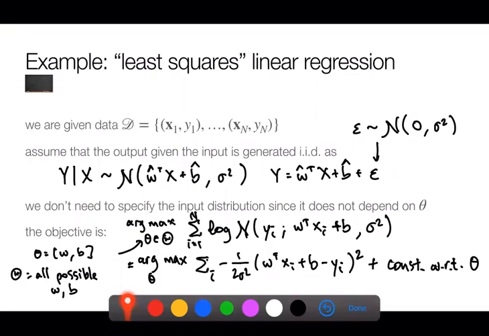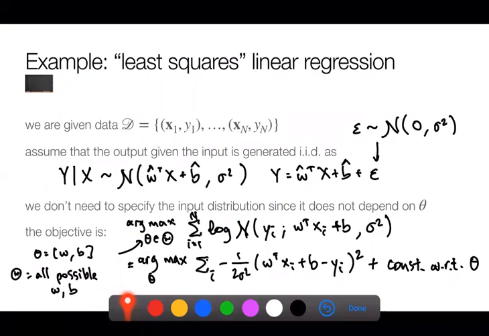And we'll also see next week why Gaussian noise is a pretty reasonable assumption in a lot of different types of setups. But that's the model that I assumed. And then I ask, how do I estimate my parameters within this model? MLE, and then I go through the steps, and it turns out that MLE is the same as this least squares linear regression problem that so many people are so fond of.